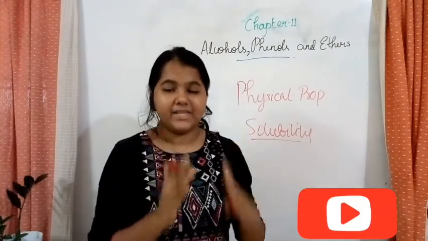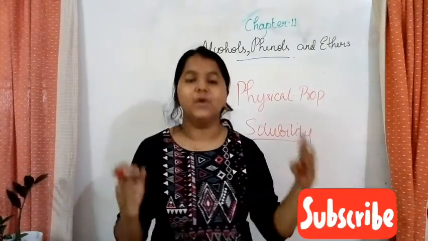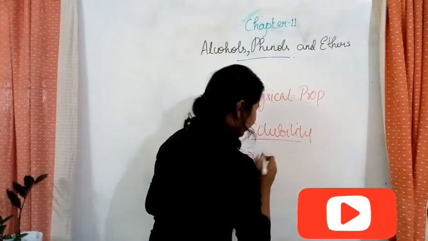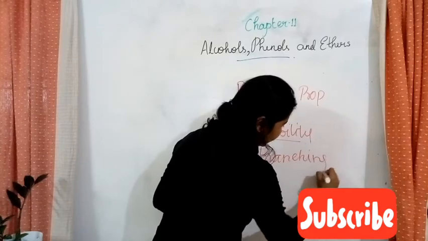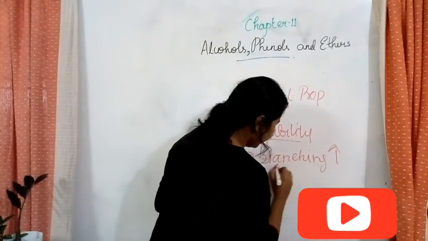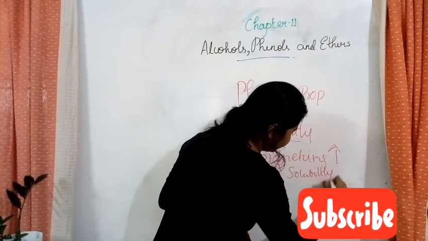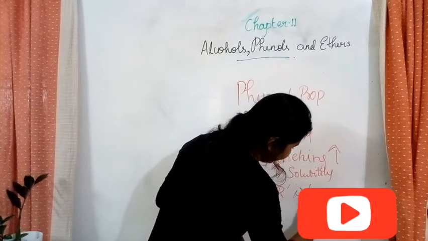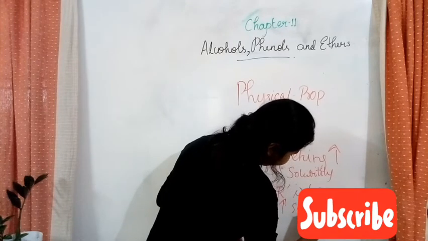As the R or the alkyl group increases, what happens? The solubility would also increase. So over here, if there is high branching, then what happens? There is an increase in solubility. And also, the longer the R group is, the higher the solubility.